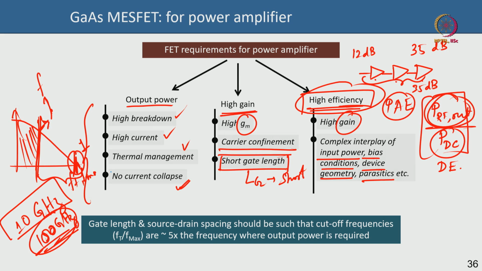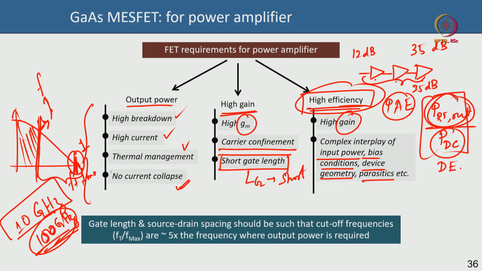There are many different components of RF circuits, and gallium arsenide is useful for other applications also, such as a mixer, oscillator, LNA, etc. But we are starting with the device requirements for making a good power amplifier, and whatever we listed here is also applicable to gallium arsenide HEMTs, gallium nitride HEMTs, etc.